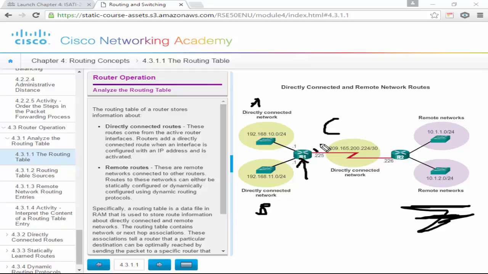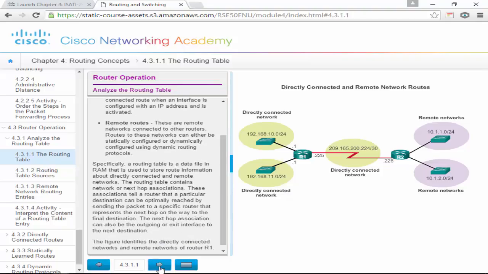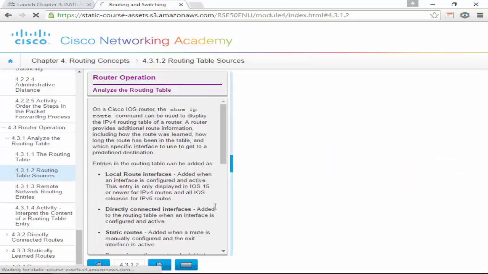So we say, hey, if you're looking for this network, go to here. Or if you're looking for this network, go out this interface right here. And that's how we program those. Or they're just dynamically learned, like DHCP, if we use a routing protocol.